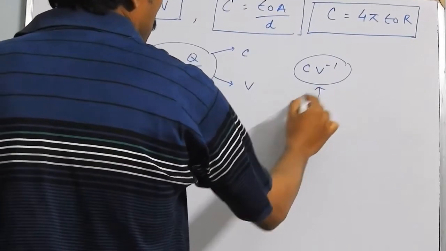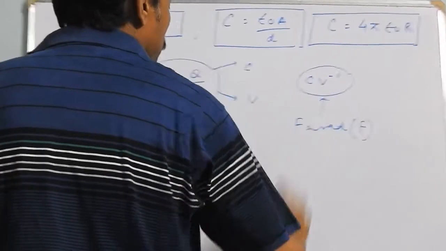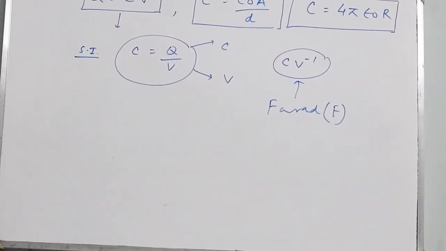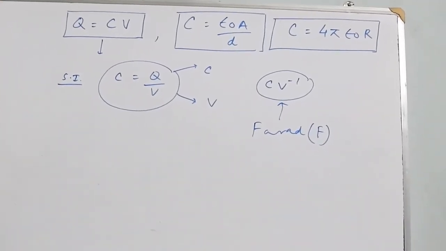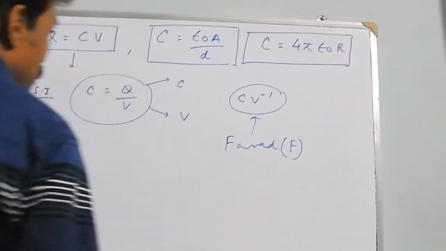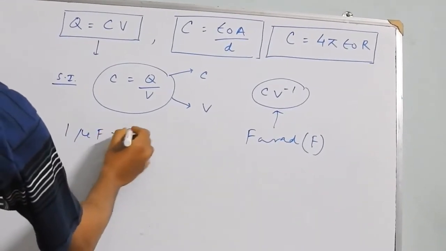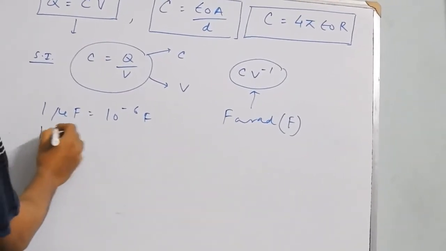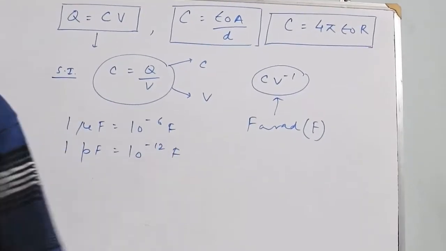It is called farad and is denoted by capital F. So the SI unit of capacitance is farad. Charge per unit potential difference, or coulomb per volt, popularly called farad. But convenient units are microfarad, which is 10 to the power minus 6 farad, or picofarad, which is 10 to the power minus 12 farad.